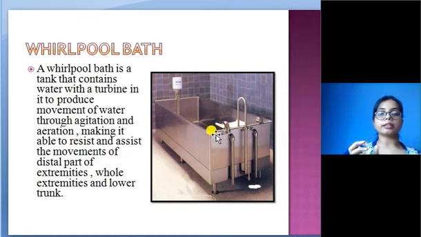By directing the direction of this turbine, we can make the patient exercise in an assistive way as well as a resistive way. If we are directing the turbine towards the affected part, it will lead to an assisted movement, and if we are turning the turbine against the affected part, it will lead to a resisted movement.